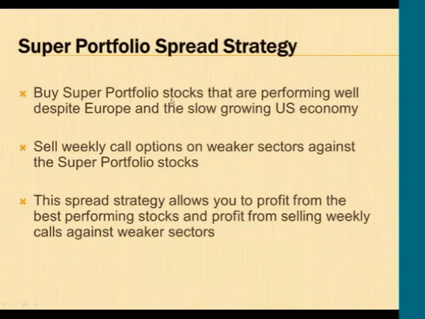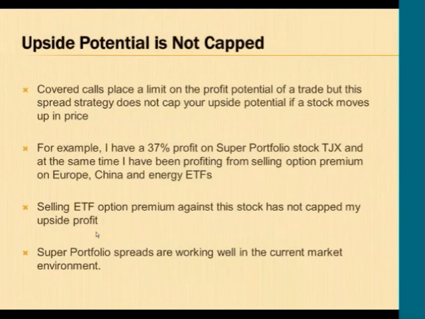So we buy super portfolio stocks, and then we'll sell a call option on an ETF in a weaker sector. So this spread strategy allows you to profit from the best performing stocks and also profit from selling weekly call options in weak sectors. And I'll show you some examples of that.